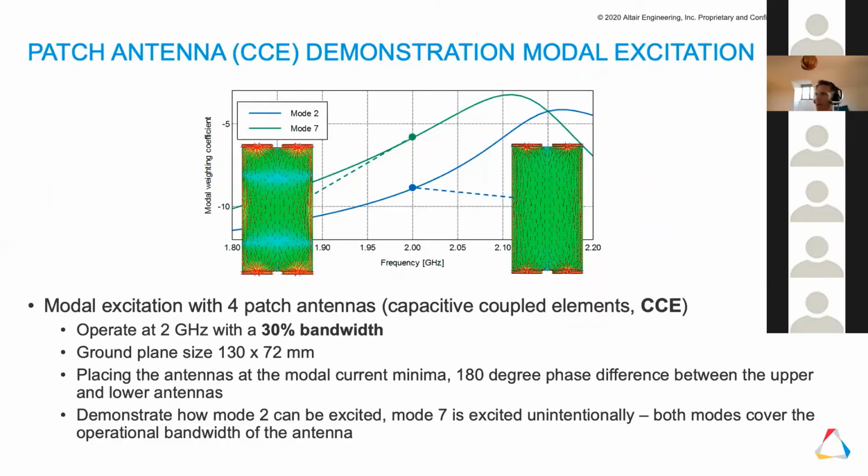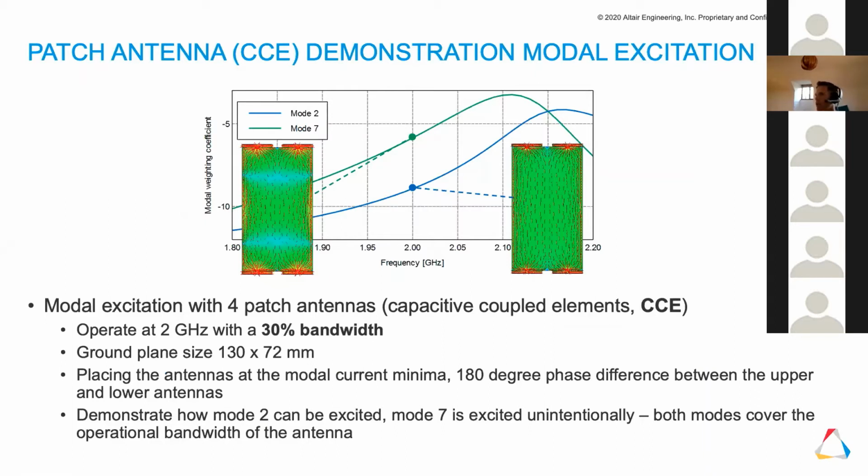In the next step, we've moved to using an antenna with a larger bandwidth. In this case, four patch antennas, again following a similar positioning strategy. However, in this case, we are working with capacitive elements. So to excite the long mode, we place the elements towards the null in the modal current distribution, and also have a 180-degree phase shift between the upper and lower elements.